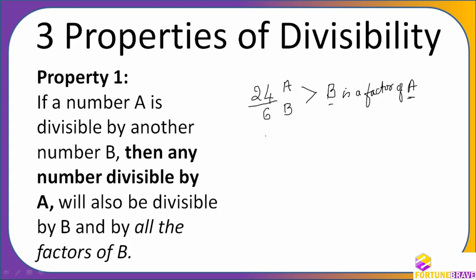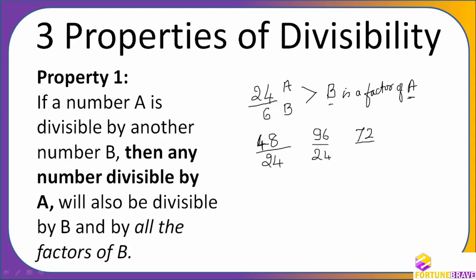Now what you have to find out is which numbers are divisible by 24. Let's take 48, for example. 48 can be divided by 24. Is that correct? Any number divisible by a: 48 or 96 or 72. All these numbers are divisible by 24, right?